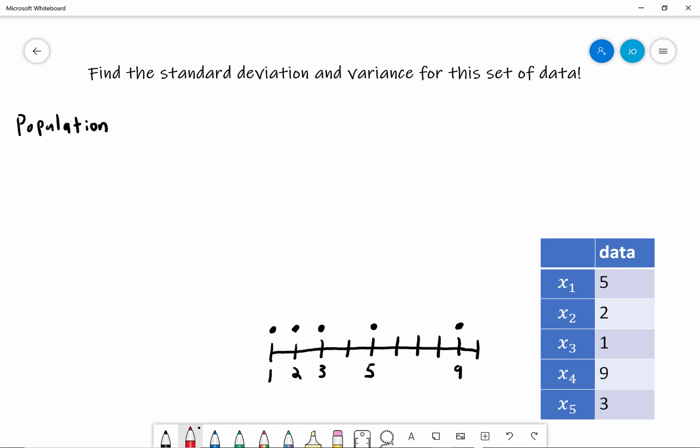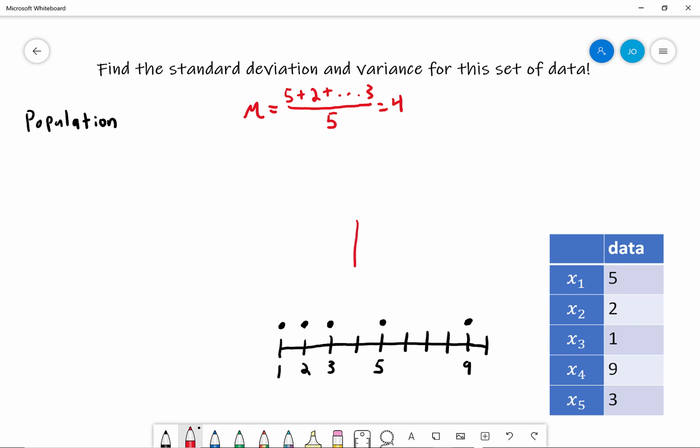So the mean, in this case for our population, we would find by adding up these 5 observations and then dividing by the total number of them. If we were to do this out, we would find our mean equals 4. I'm going to draw a nice little line to represent our mean of 4.